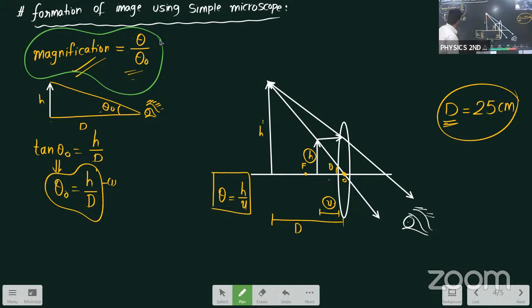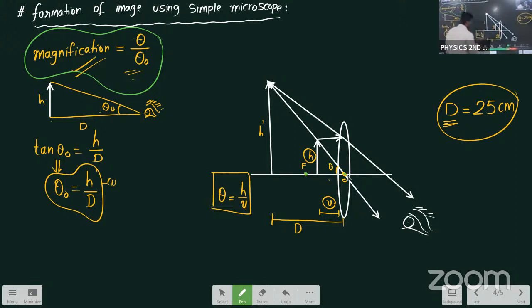So I have considered two conditions. Here I am seeing the object without any convex lens, but here I am taking a convex lens and seeing the image of that object. I am getting a magnified image on the same side where the object is kept. When will this condition happen? This condition will only happen when the object is placed between focus and optical center.